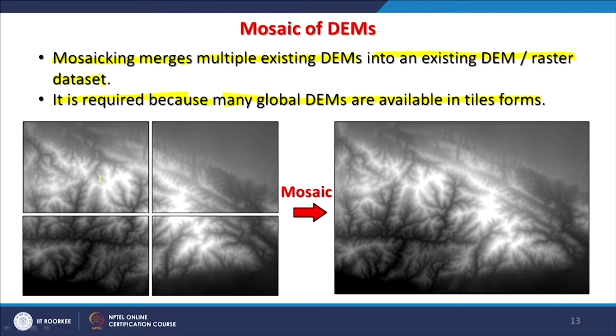Employing this mosaicing tool, I can create a single tile without any seam. First the global scale digital elevation model was developed and then the tiles were created, and therefore, when we create a mosaic again, there should not be any seam, otherwise it will become less reliable or useful data.